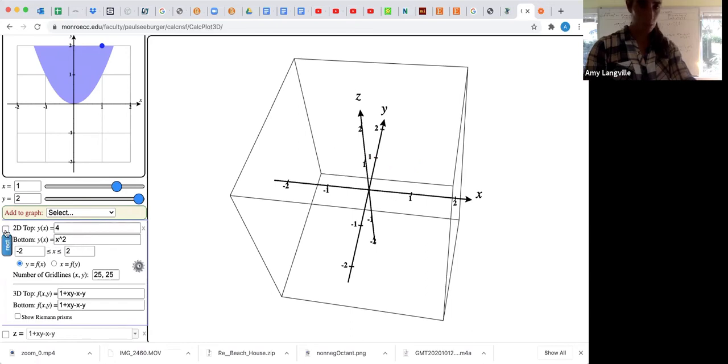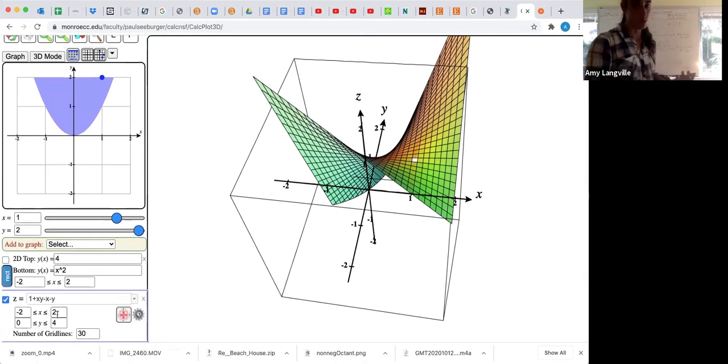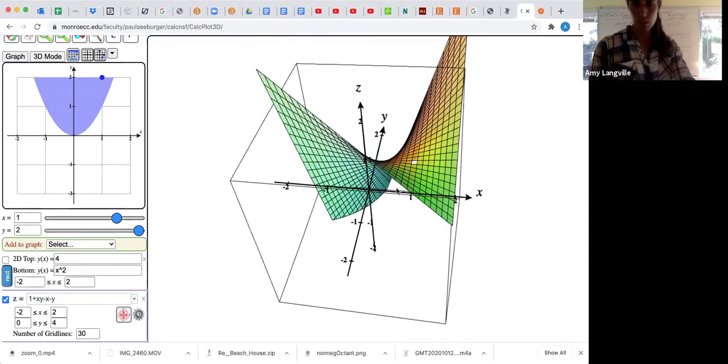So maybe another way to look at it is go back to the original surface and make our surface's rectangular region a little closer to the region that we have. So X goes from -2 to 2, and Y, instead of this U-shaped thing, let's just go from 0 to 4 and make a rectangular region. And when we do that and look at the surface, this is more than we need.